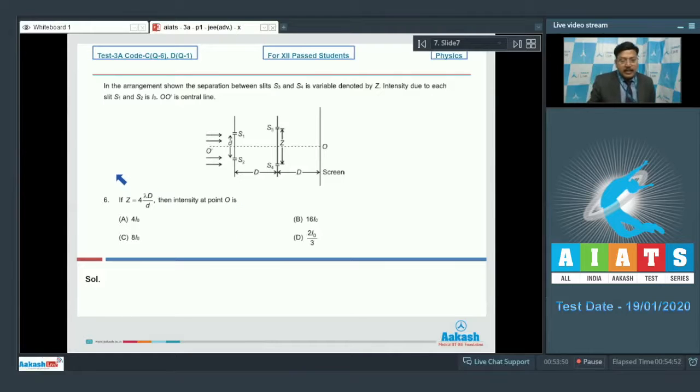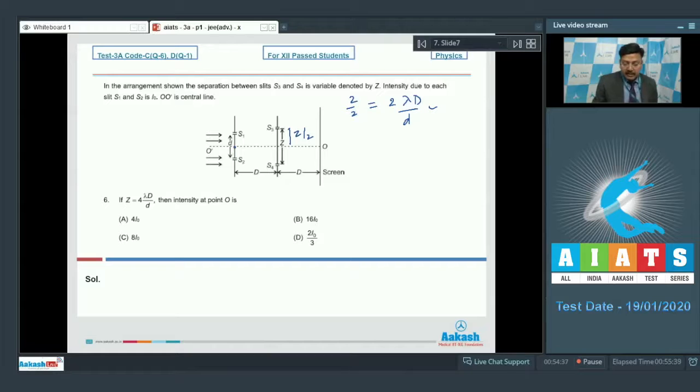Okay. So if Z is this much, we can take that this distance is Z by 2. And if this distance is Z by 2, then the value of Z by 2 is equal to 2 times lambda capital D by small d, right? Now we consider interference at S3 and S4 due to these 2 slits, right?